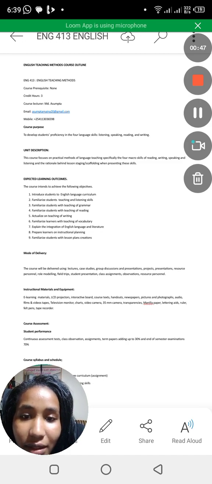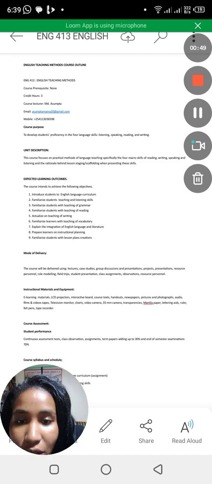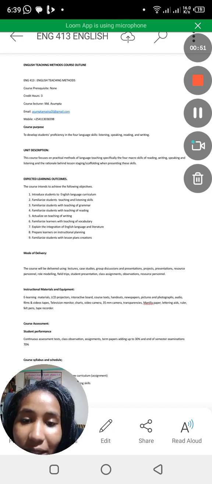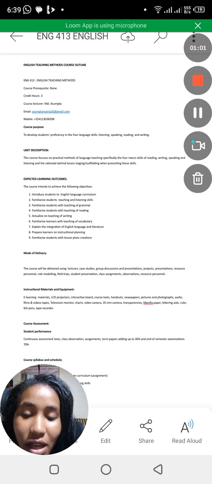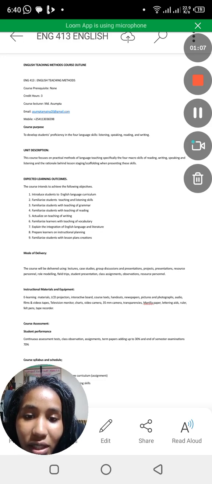The expected learning outcomes: the course intends to achieve the following objectives: to introduce students to the English language curriculum, familiarize students with teaching of listening skills, teaching of grammar, teaching of reading, teaching of writing, and also the teaching of vocabulary.